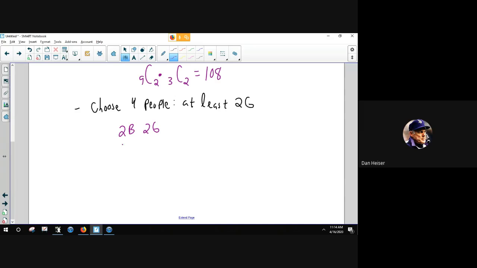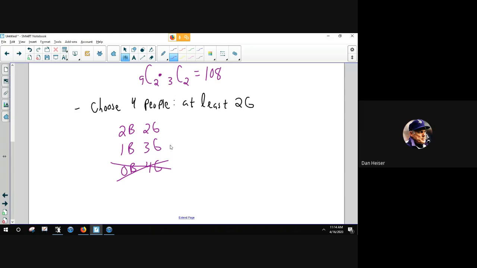We could have 1 boy, 3 girls. Or we could have 0 boys, 4 girls. Or can we? There are only 3 girls in this class. That last one is not possible.